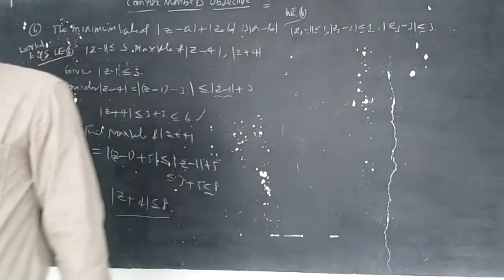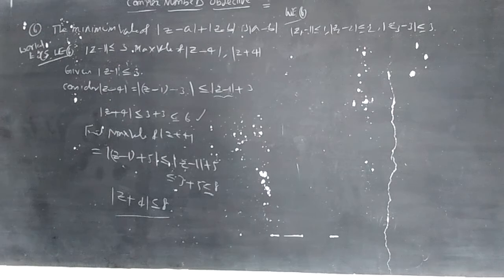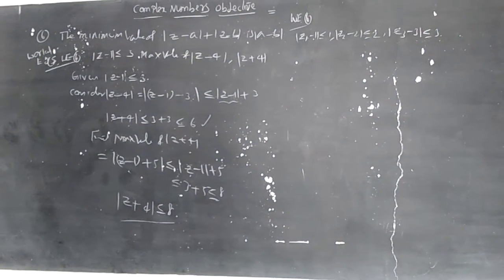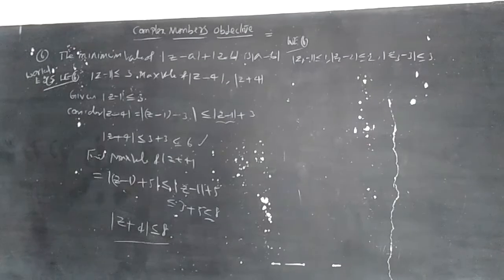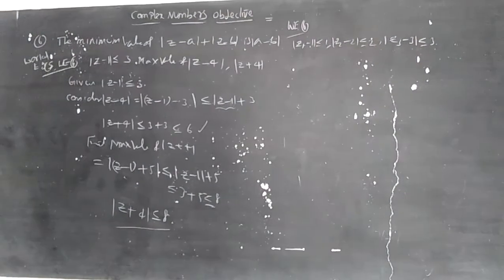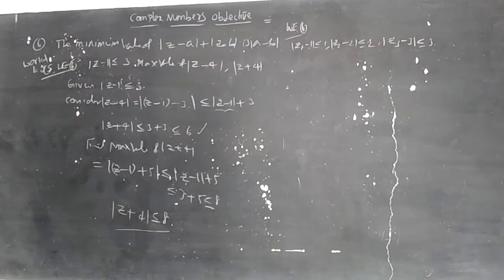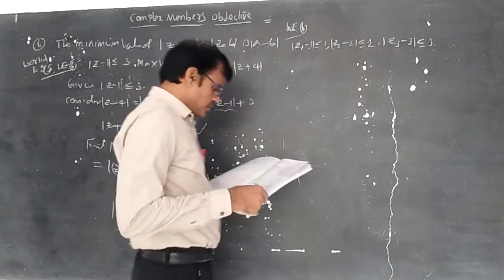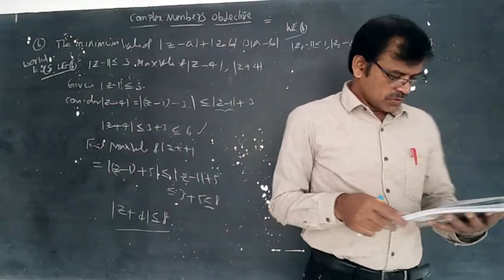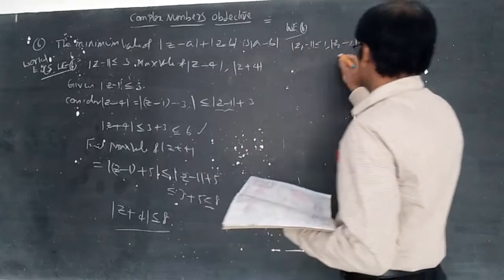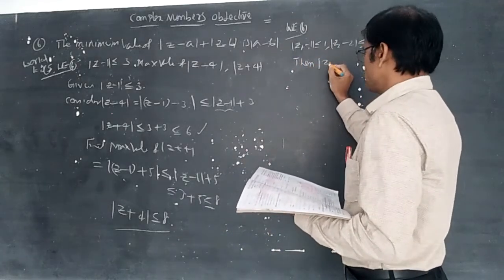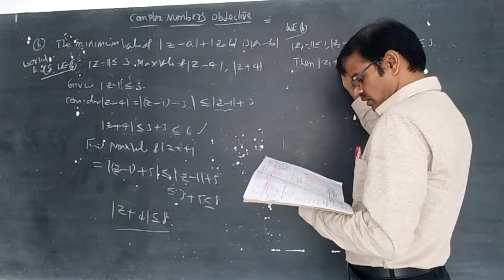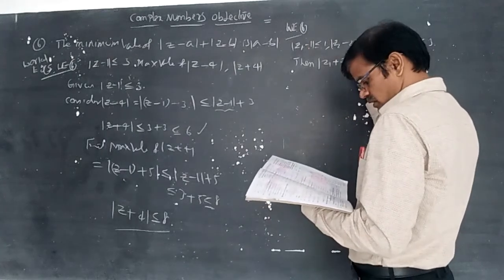So the maximum values of modulus of z1 minus 1 is 1, modulus of z2 minus 2 is 2, and modulus of z3 minus 3 is 3. We need to calculate, then find, the value of modulus of z1 plus z2 plus z3.